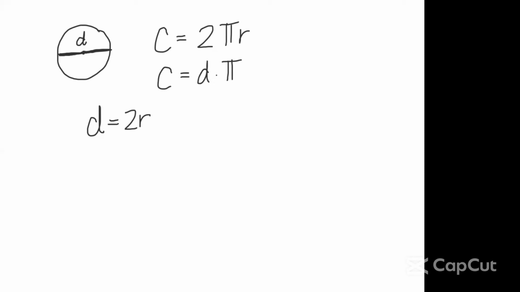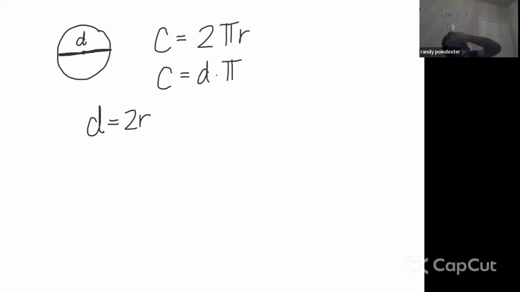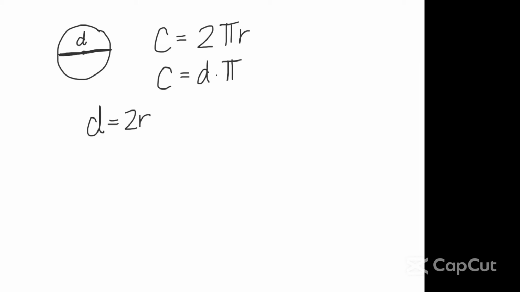Any questions about this? Hold on, can you repeat that last part, what you said? Sure. So the reason circumference is pi times diameter is because it's also 2r times pi. And 2r is equal to. Gotcha. Okay.